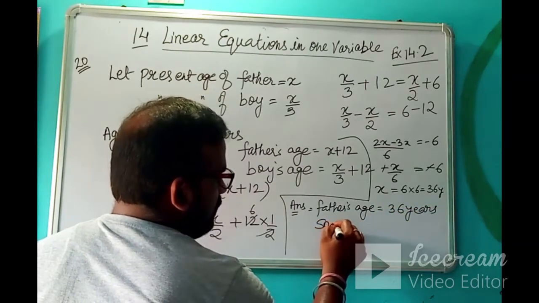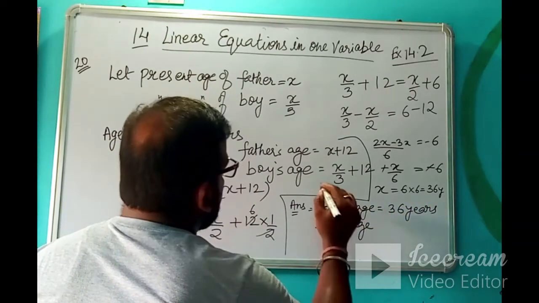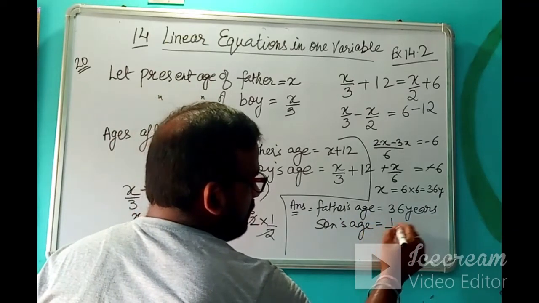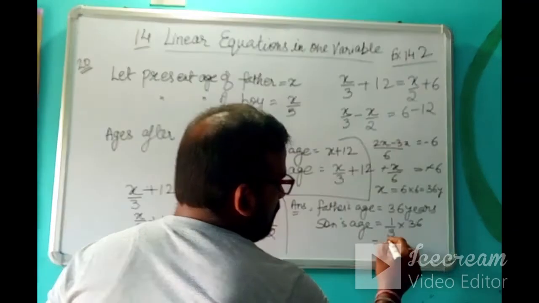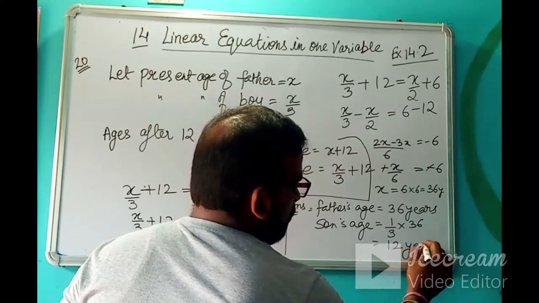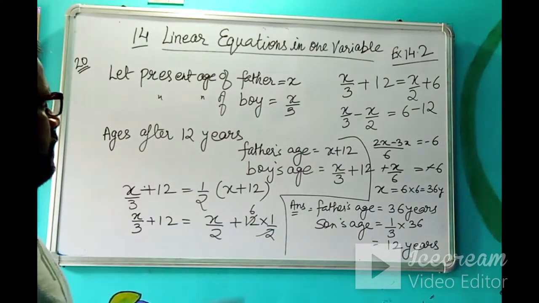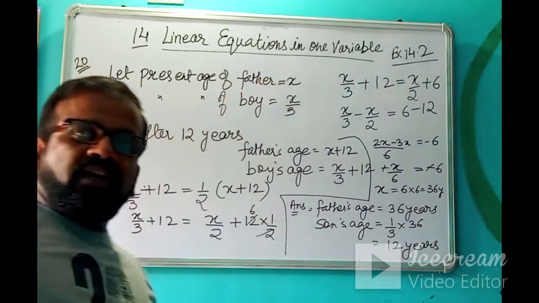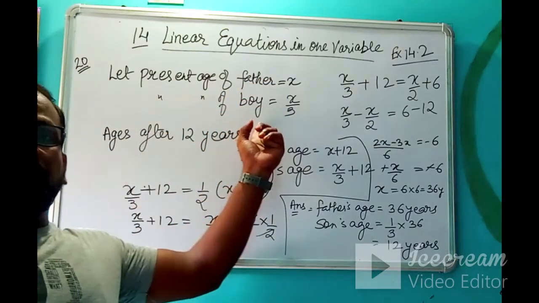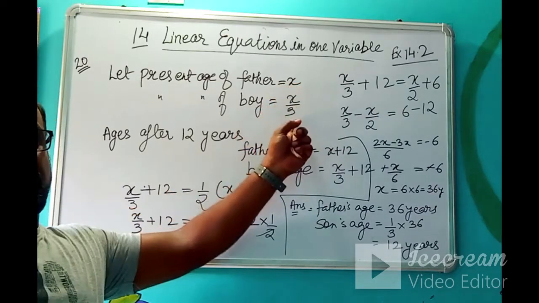And what was the son's age? Son was 1/3 of the father, that is 1 by 3 into 36, 12 years. Okay, so father's age we have considered as x. Boy was 1/3 of father's age, that is x by 3.